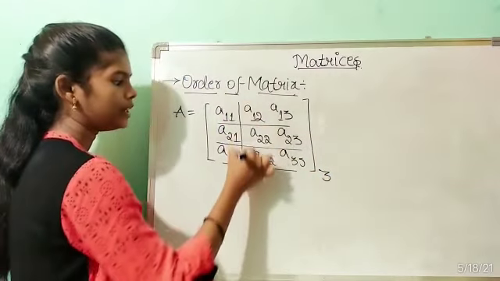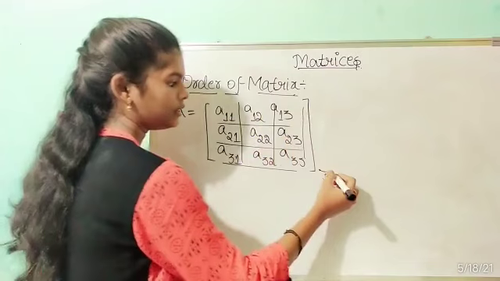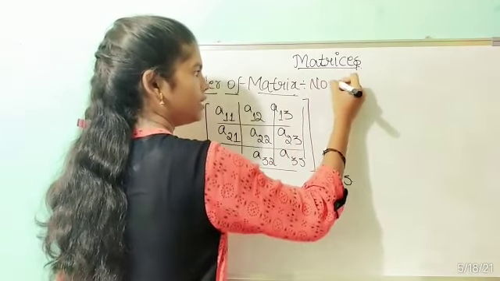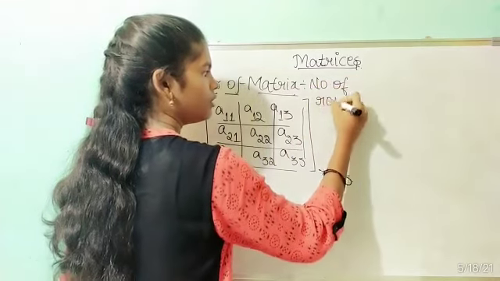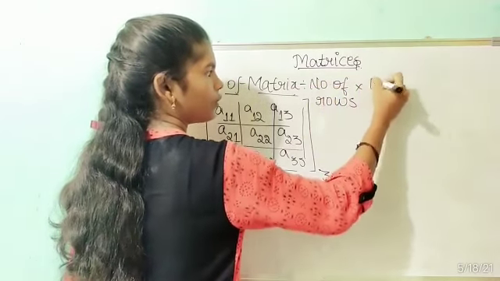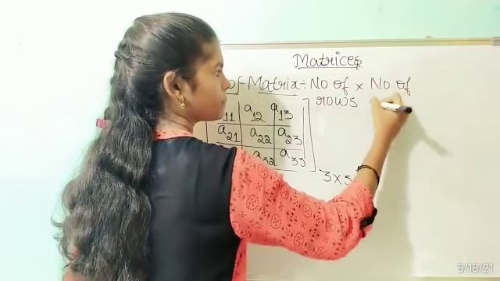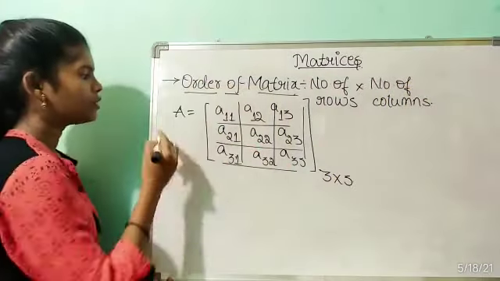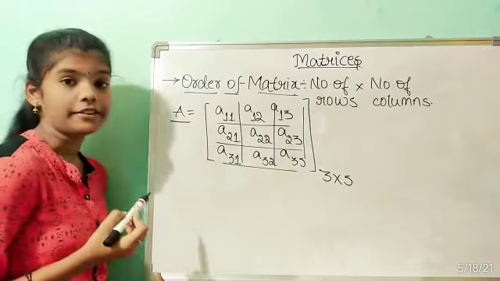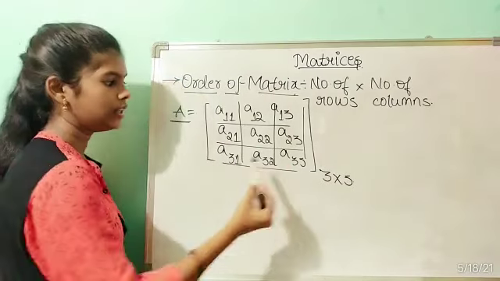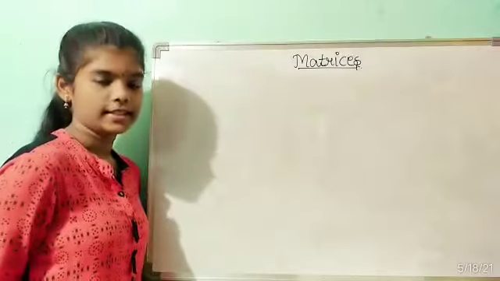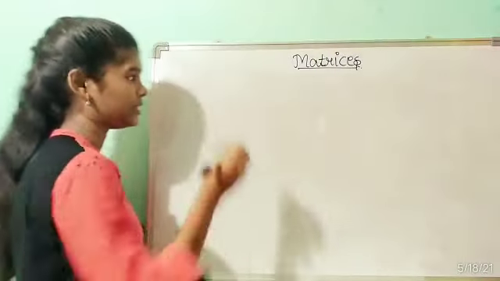As well as how many columns are there? 3. Simply, order of the matrix is nothing but number of rows into number of columns. So for a given matrix A, what will be the order? Number of rows into number of columns. Next, moving on to the types of matrices.